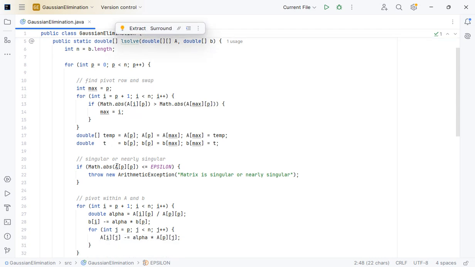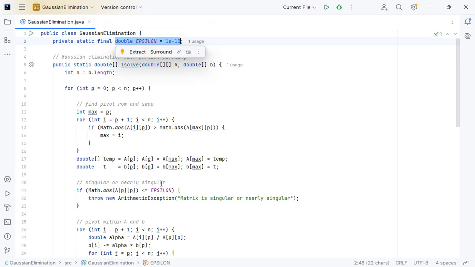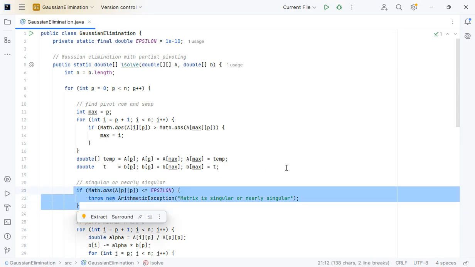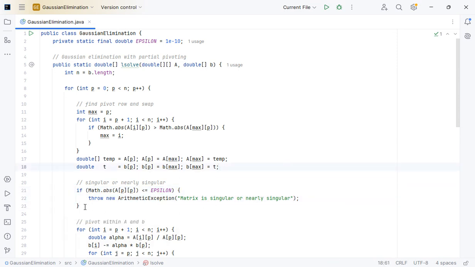Now what we have here about singular or nearly singular: we have an if, and this is also a good structure for understanding exceptions. If you say throw new exception, Matrix singular or nearly singular, it means that it is like an error.